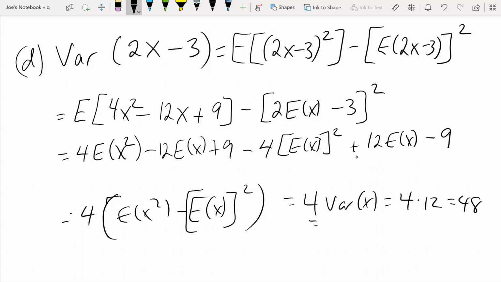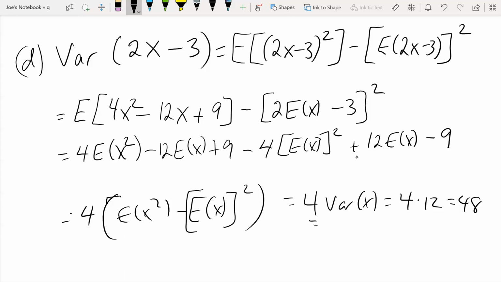What effect did the 3 have? Nothing. Now think about why that is. Variance is a measure of spread. We don't even talk much about it, but that's what variance is. If I multiply numbers by 2, it's going to spread them out more, right?